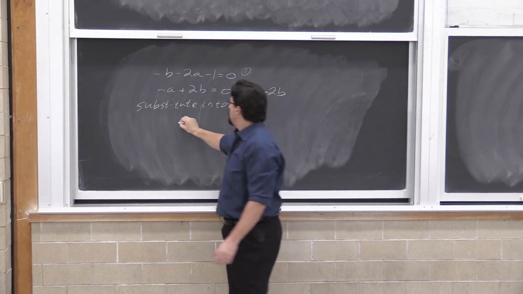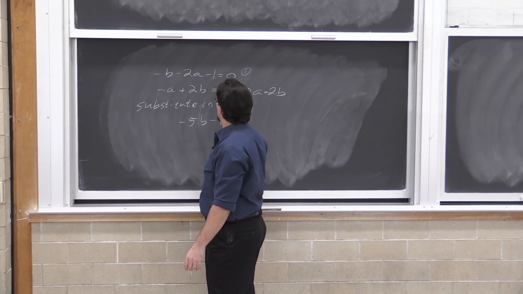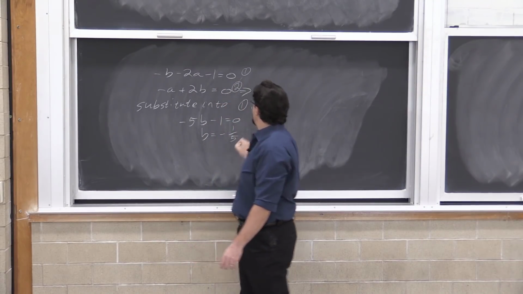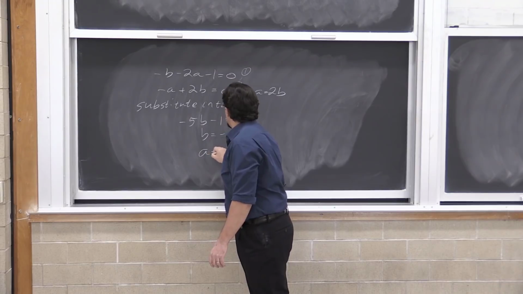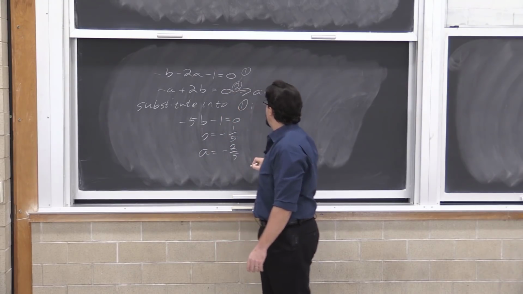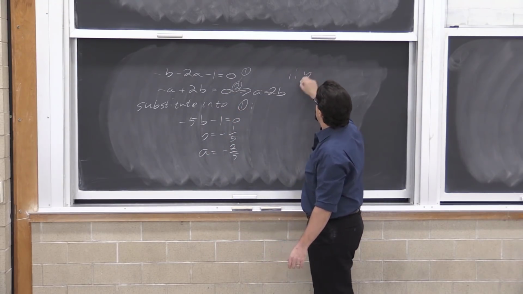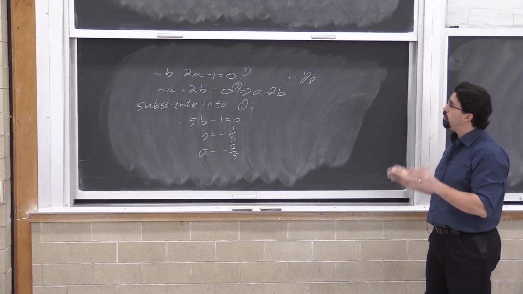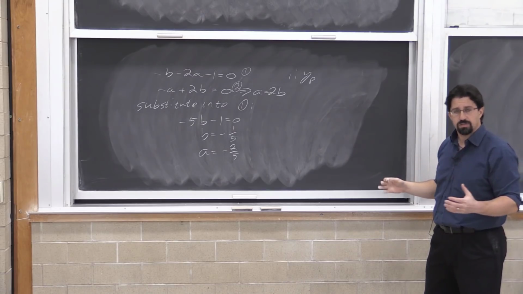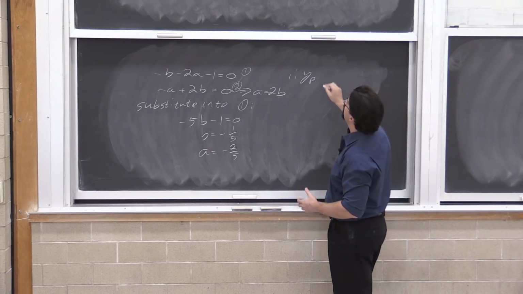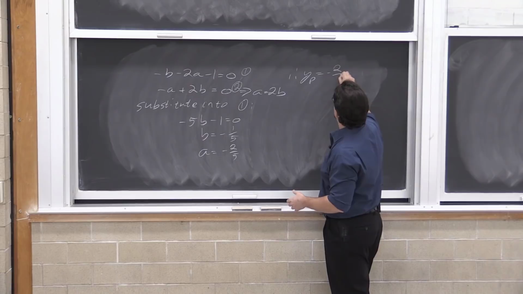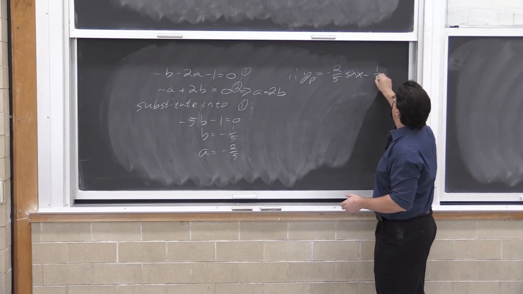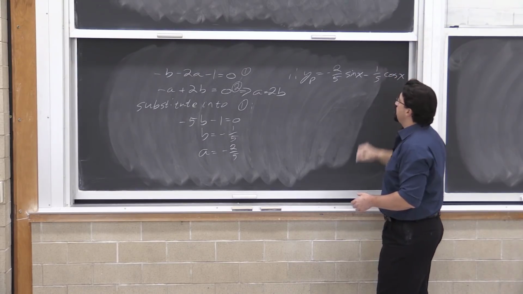So we will have negative 5b minus 1 is equal to 0. b is equal to negative 1/5, and so a is equal to negative 2/5, and therefore the particular solution, right? This is the important bit. We are solving for just a single value. The particular solution is going to be negative 2/5 sine x minus 1/5 cosine x.